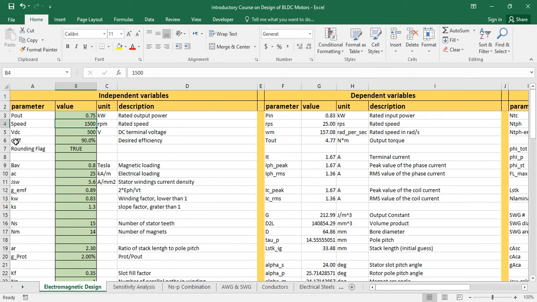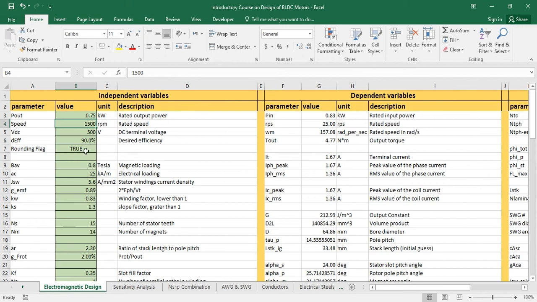Actually, I wrote here desired efficiency, not efficiency, because we didn't design any motor yet, right? We are at the start of the design. And for calculation of the value of parameters like stator current, we need to know the motor efficiency.